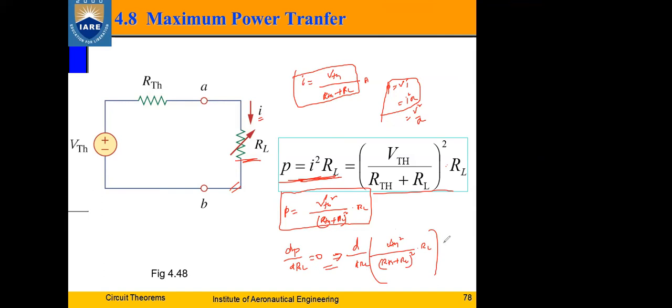So what happens if we differentiate this with respect to RL? I think VTH is a constant, so I think we can bring this out, right? VTH square into RL by (RTH plus RL) whole square is equal to 0. What's the type of differentiation you use there?